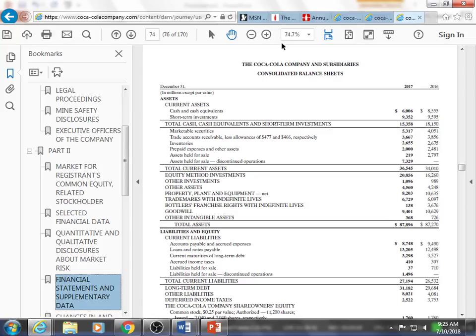Your quick ratio is your total current assets minus your inventories, divided by total current liabilities. So if you print yours before you come to class tomorrow, you are in good shape. You're going to get your figures tomorrow. So we got to print out the financial statements.